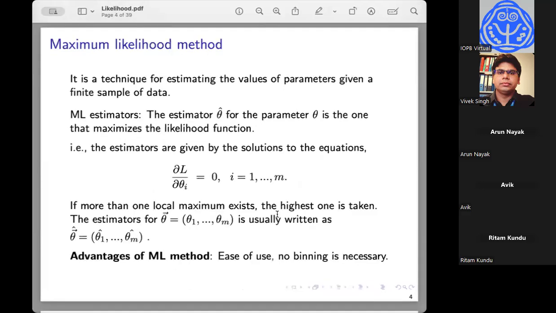Sir, I could not understand this argument that this method does not need binning. Let's say I have a ROOT histogram where my data is filled, and I have some function that I want to fit in this maximum likelihood manner.